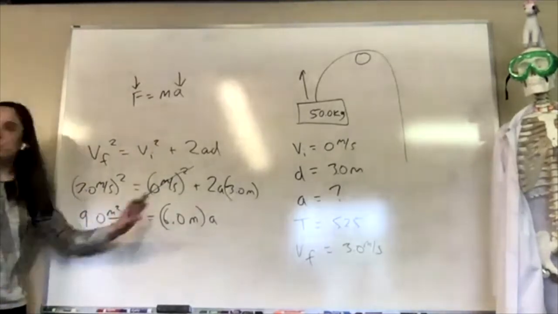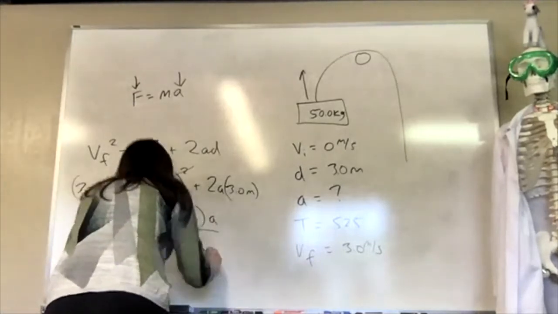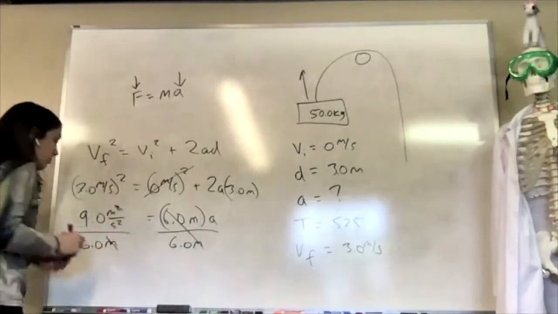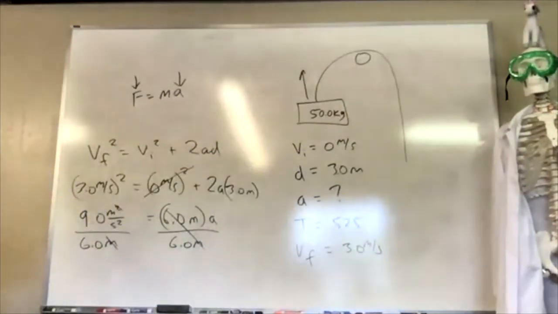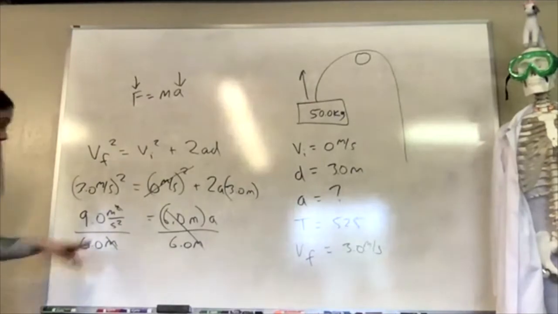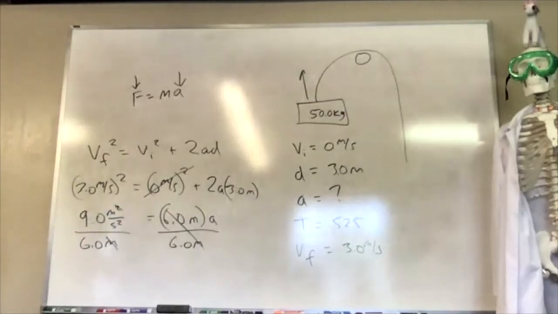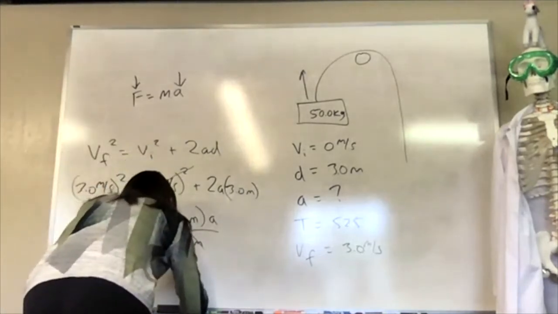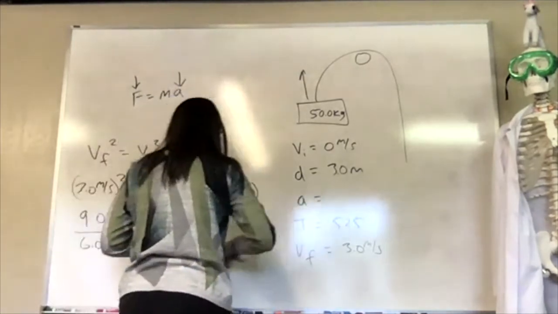So now we have 9 equals 6 times a, and we can solve for acceleration. So we do 9 divided by 6. For sig figs, we have 2 for both of these, so we report 2 significant figures. What do we get for that? 1.5. So acceleration equals 1.5. Now we know acceleration.